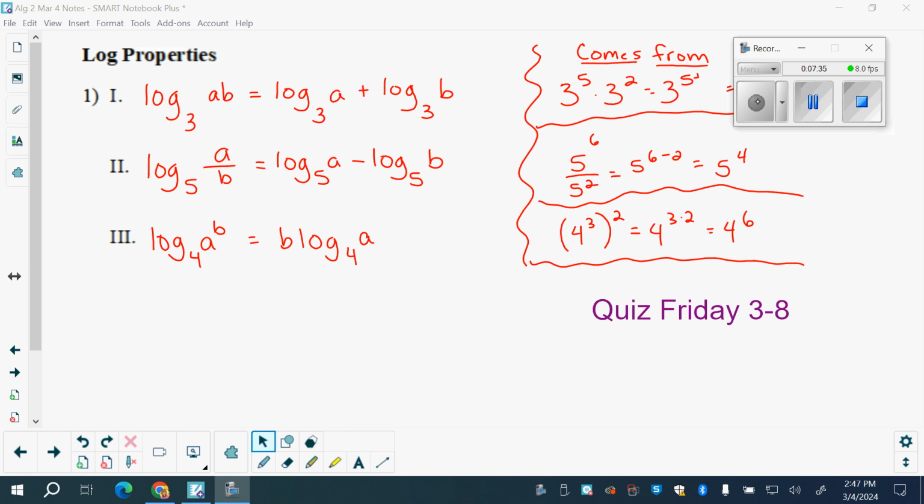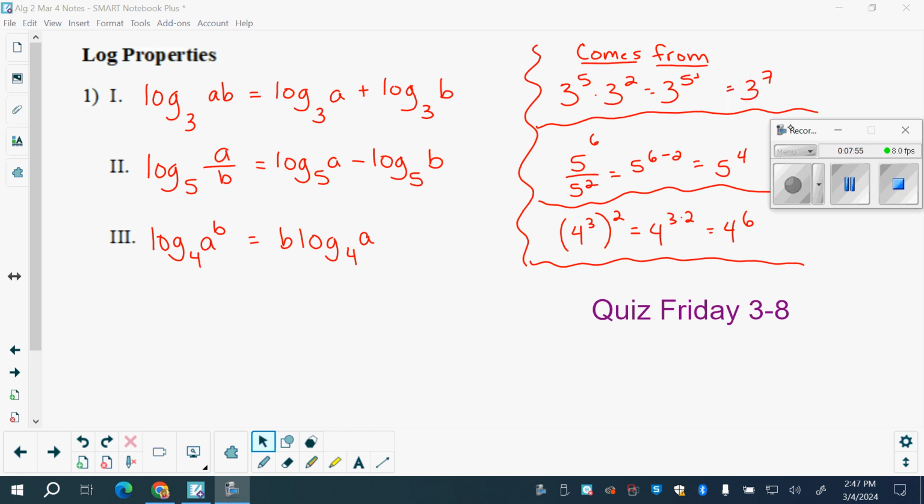So these 3 properties here. When I have an a next to the b, what does that mean? Yes, it's multiplication. Does that make sense? Okay. So when we have multiplication, if we're looking with exponent rules, what would we do with the 5 and the 2 to simplify that? That's right.